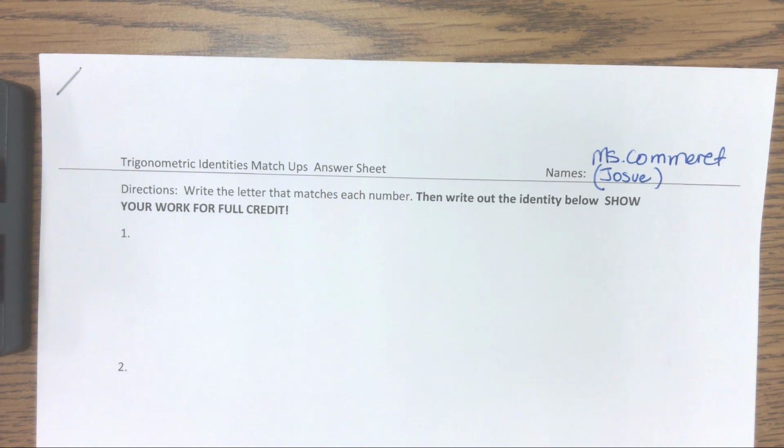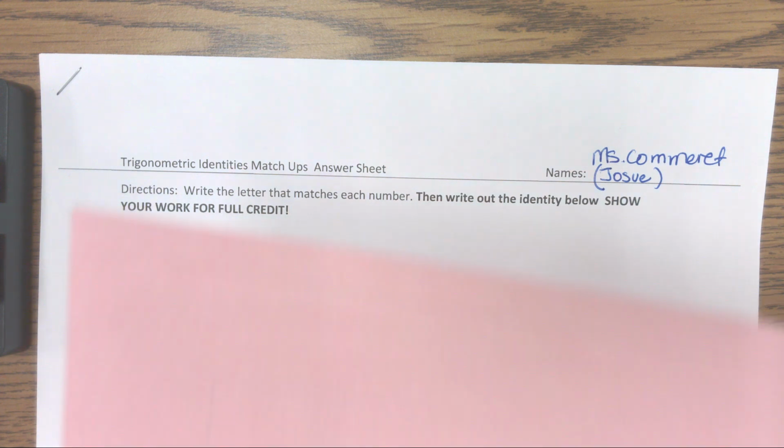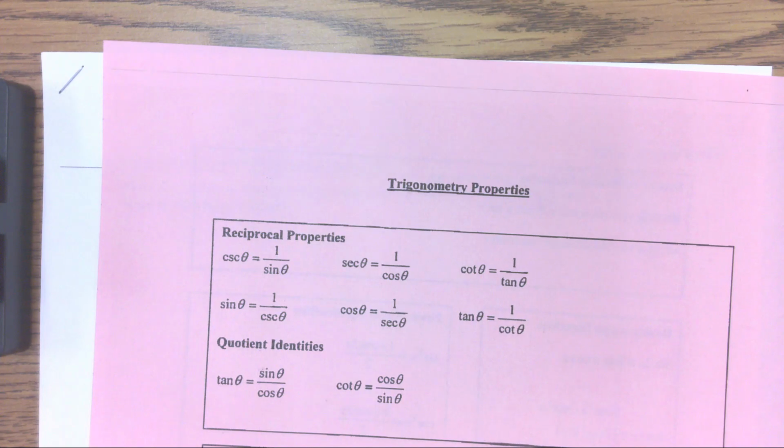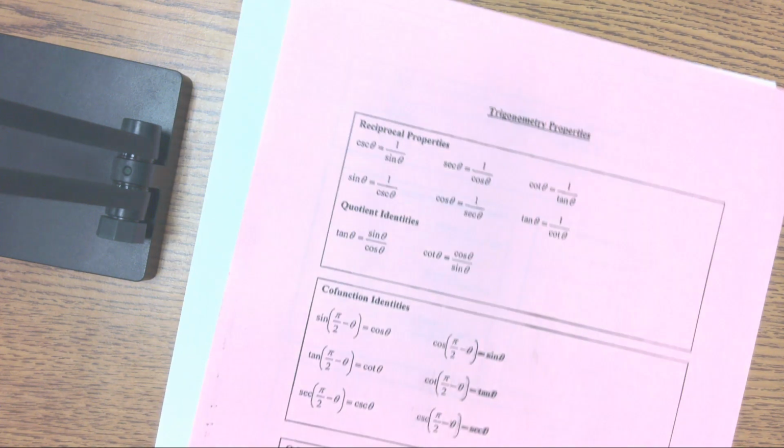So then you are going to be using trig identities, and so the next thing I want to make sure that you and your partner have out is, the other day I gave you this trig property sheet. Looks like this. And so I'll try to zoom out if I can do that a little bit.